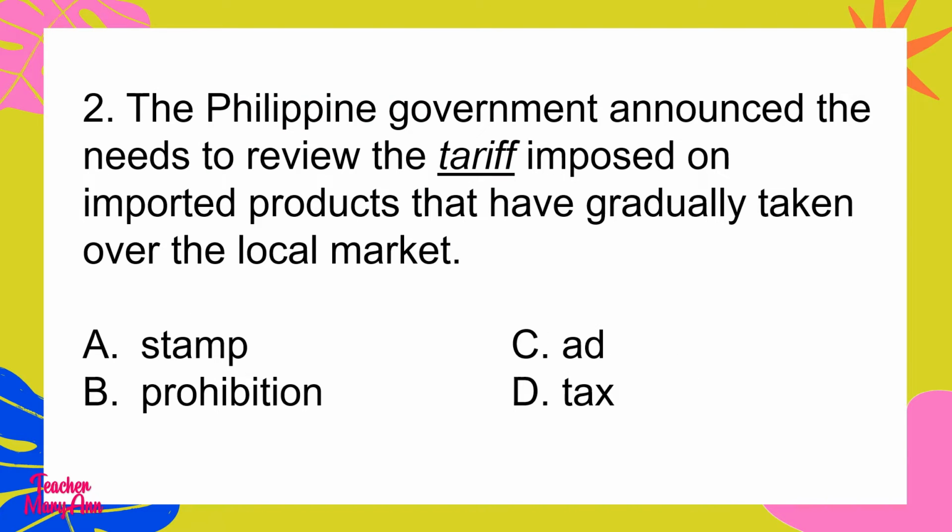Number 2. The Philippine government announced the needs to review the tariff imposed on imported products that have gradually taken over the local market. What is the meaning of the word tariff? A. Stamp. B. Prohibition. C. Ad. D. Tax.